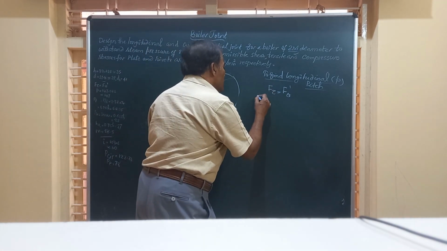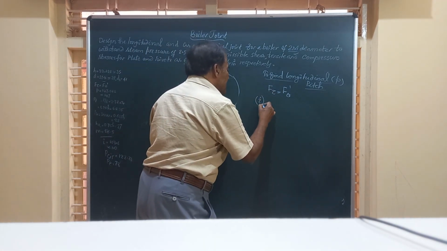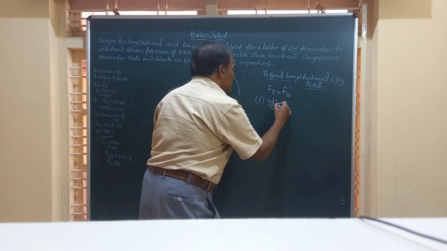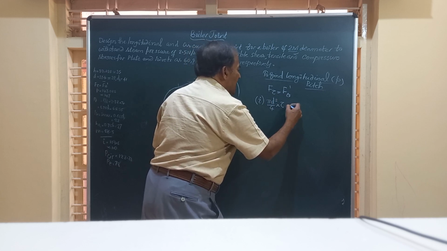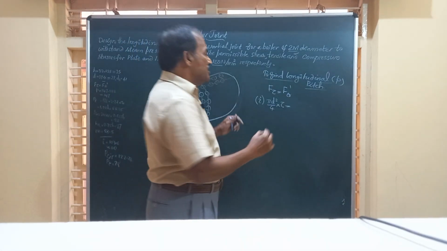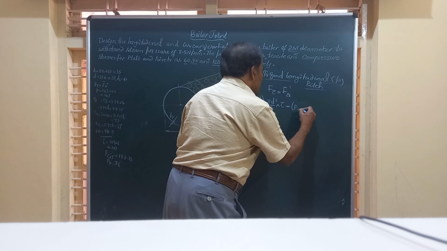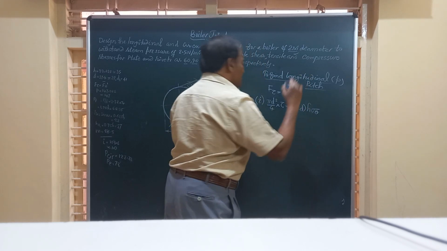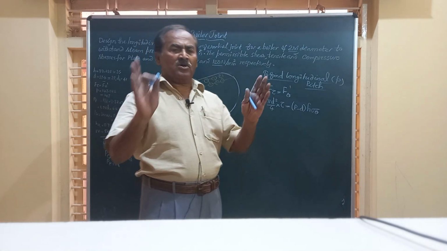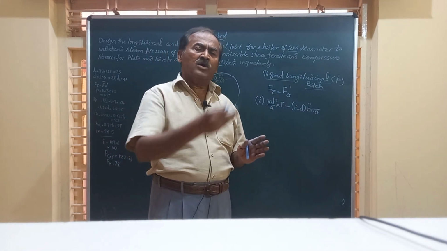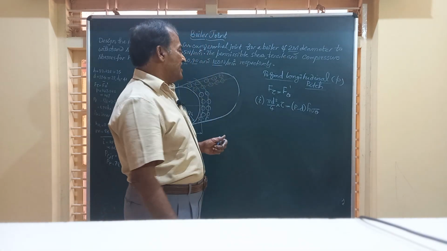F tau is given by the formula I into pi d square by 4 into tau, and the strength of the plate with holes is given by (P minus D) into H into sigma T. All these equations are available in the machine design data handbook under the chapter on riveted joints.